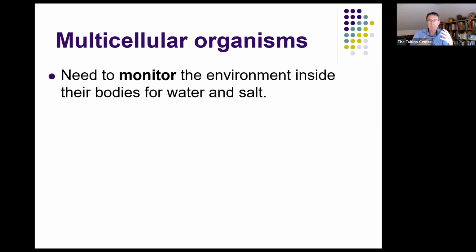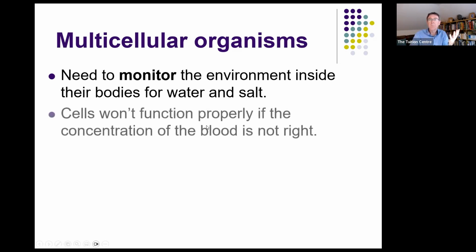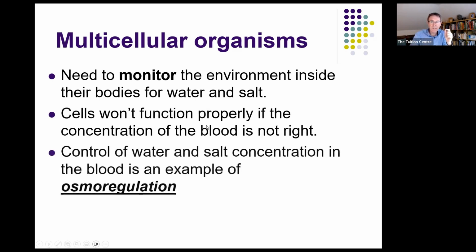For example, in us, in multicellular organisms, it has to be maintained at a very steady state. So the functioning of all of our metabolism, our enzymes and all those things relies on us being able to maintain this internal environment, which we call homeostasis, right? But when we're talking about just looking at the amount of the water and salt levels in our body, we talk about that as being an example of osmoregulation.